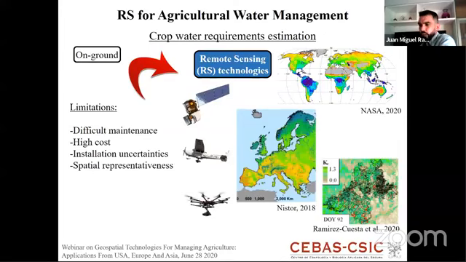It is also true that even if freely available satellites exist, the cost of performing a flight with a drone or an aircraft is also elevated, although in this case the flight cost can be assumed by an irrigation association, for instance.